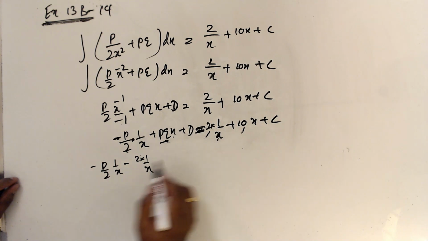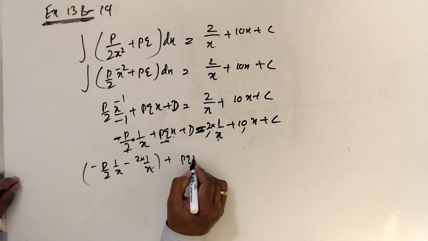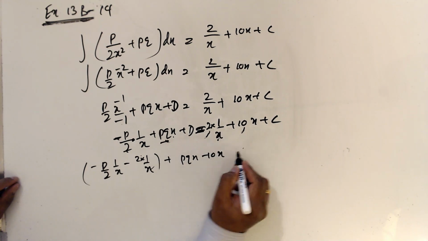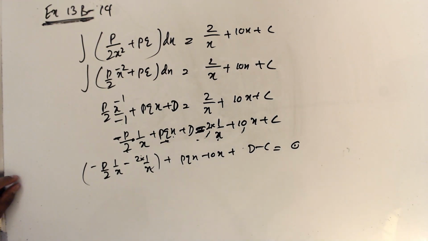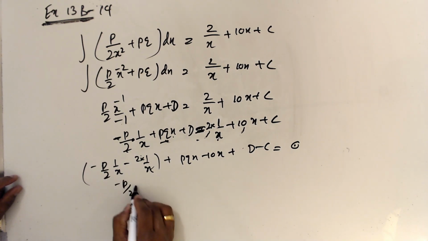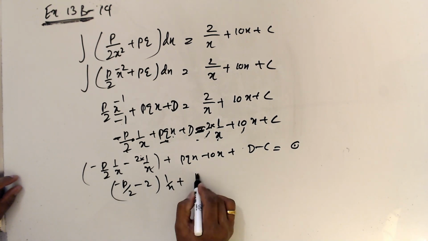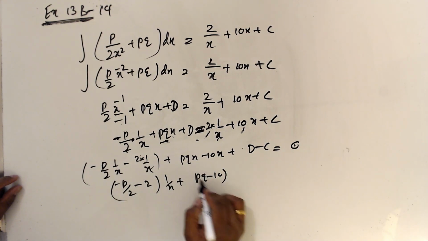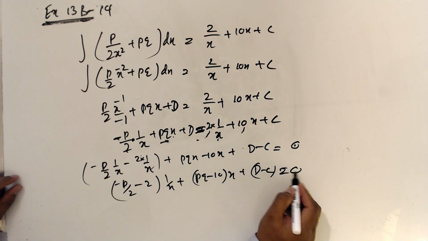I'll bring this to the left. So minus p over 2 times 1 over x and minus 2 times 1 over x, and then pqx, then minus 10x, then d minus c, this side is 0. Then I'll take 1 over x out: minus p over 2 minus 2, times 1 over x, plus pq minus 10 times x, and d minus c equals 0.